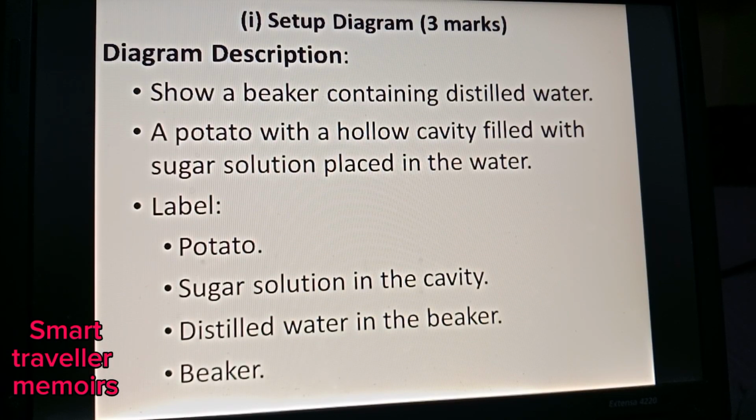Setup diagram. Diagram description. It shows a beaker containing distilled water, a potato with a hollow cavity filled with sugar solution placed in the water, labeled: potato, sugar solution in the cavity, distilled water in the beaker, and the beaker.